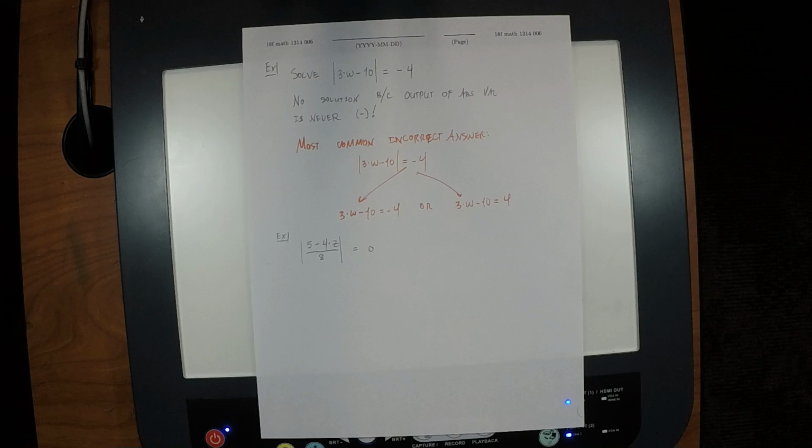All right, so how about this one? Will it be like the first one? Will it have solutions, or will it be like the last one, no solutions?